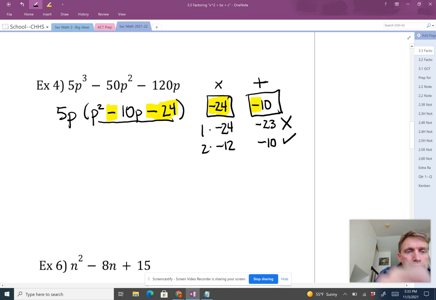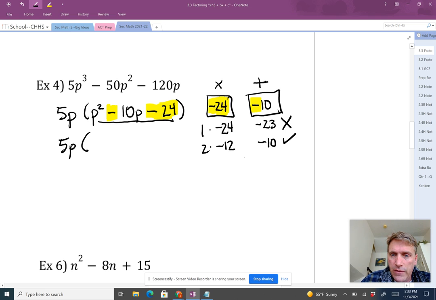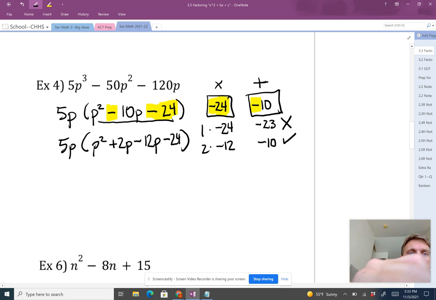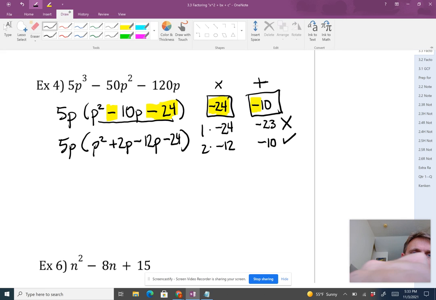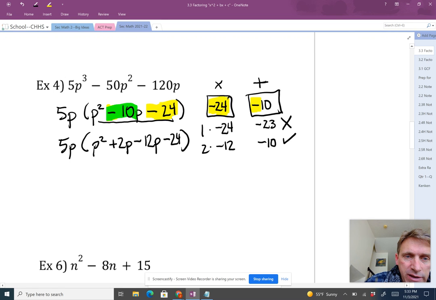So 5p times, now here I'm going to rewrite this, p squared plus 2p minus 12p and then minus 24. And I just make note that this minus 10p is the same as what I have rewritten here using the factors that we found. 2p minus 12p is equal to minus 10p.